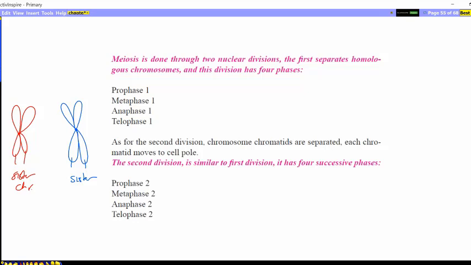But these two chromosomes have similar functions. How similar? If a part of one chromosome contains information about eye color, the same part of the other chromosome is also about eye color. Maybe blue eye or black eye, but both are for eye color.